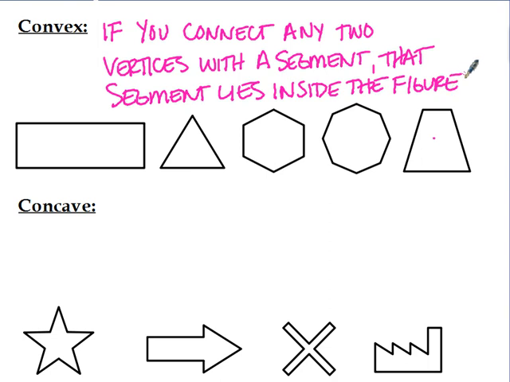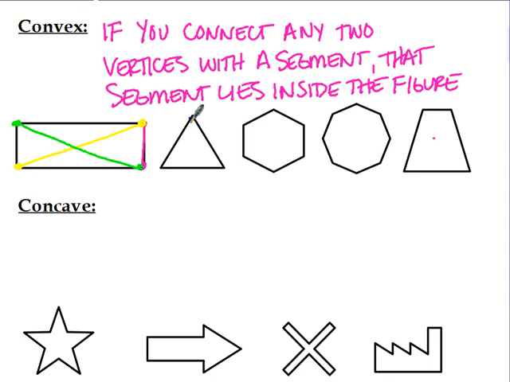Okay, so I'm connecting any 2 vertices I want. So in the rectangle, if I'm connecting this one to this one, it stays inside. It doesn't go outside the figure at all. If I'm going to connect this one to this one, it stays inside the figure. Any 2 I pick is going to stay inside the figure, and that goes for all of these up here.